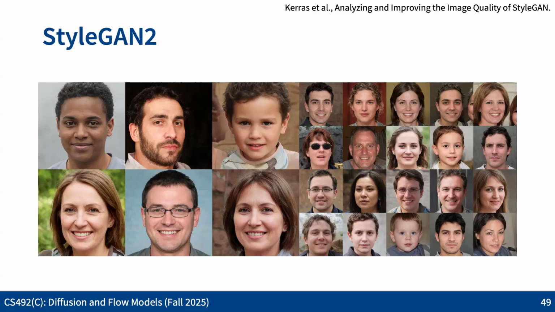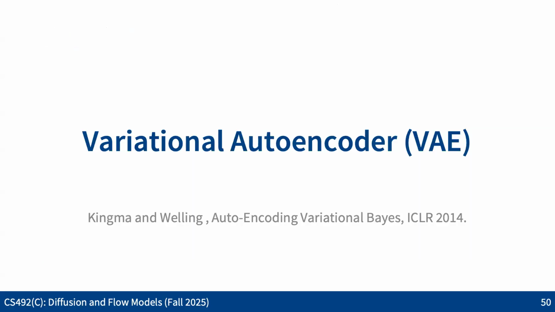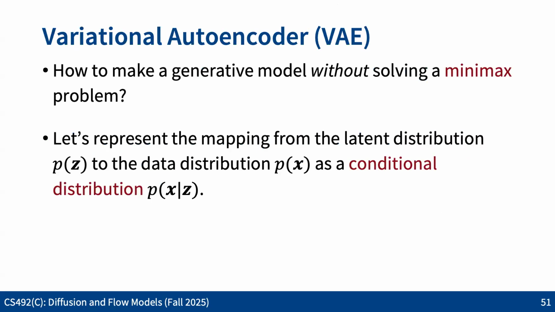So that's why people started to consider a new idea, which is the VAE, the variational autoencoder. Here the question is how we can train the models without solving the minimax problem. For that, what we are going to do is to see the mapping from the latent distribution to the data distribution not just as finding a function, but as learning a conditional distribution.